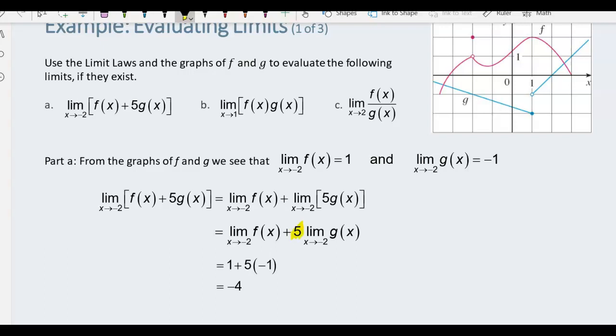Now, what I just figured out by looking at the graphs above is that the limit for f is going to be 1, and the limit for g is going to be -1. That's what I looked at up here. And so then just putting those numbers together, my answer in this case is going to be -4.